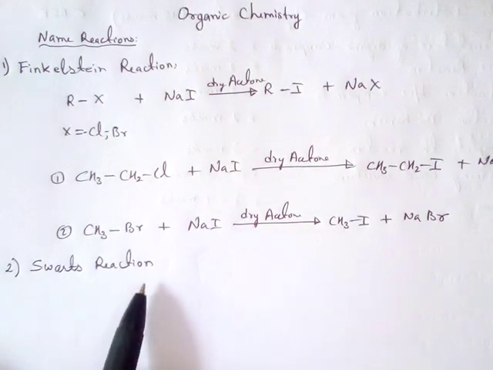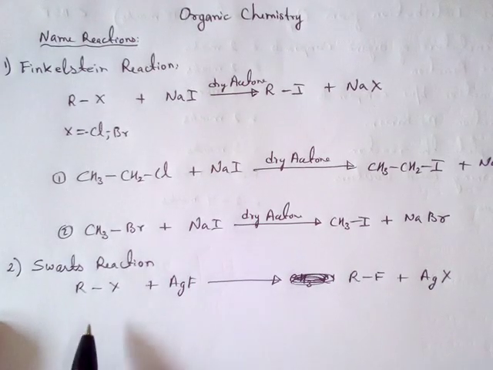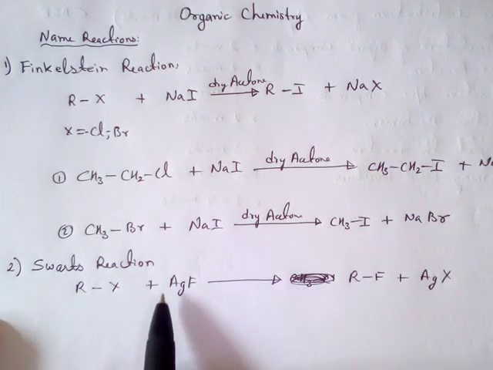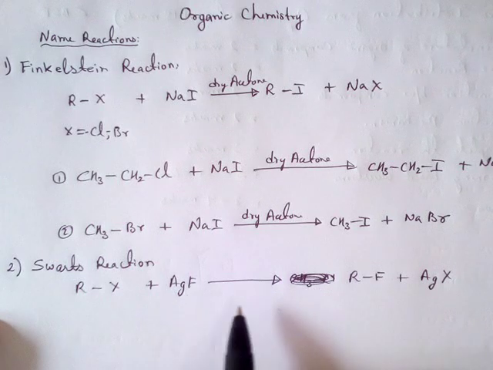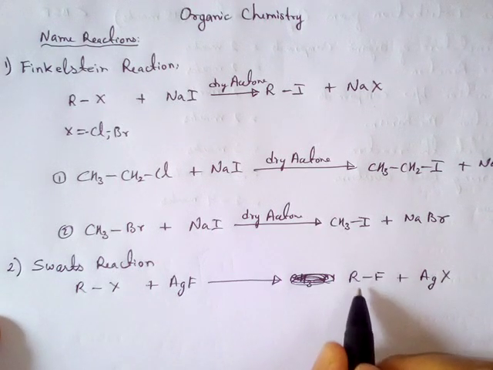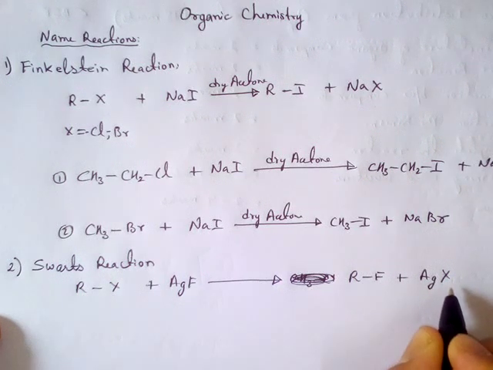Number 2 is the Swarts reaction, in which we normally prepare alkyl fluoride from alkyl chloride or bromide. So the general reaction is RX plus AgF, one of the reactants, any metal fluoride you can take. So it will form RF, alkyl fluoride, plus AgX.